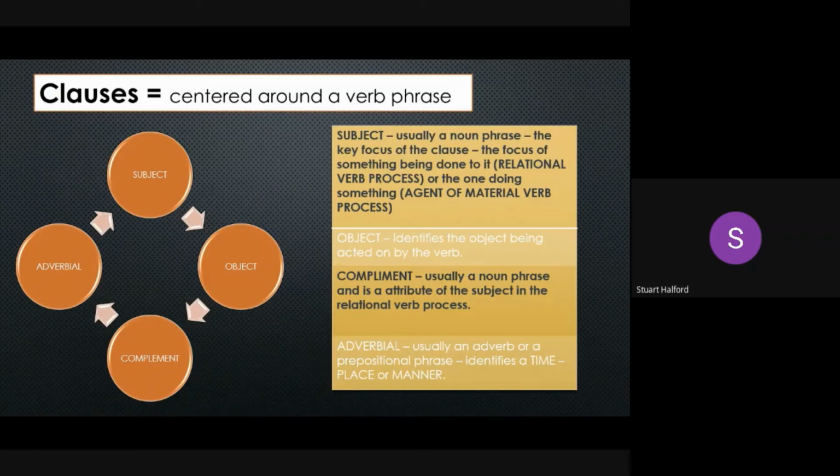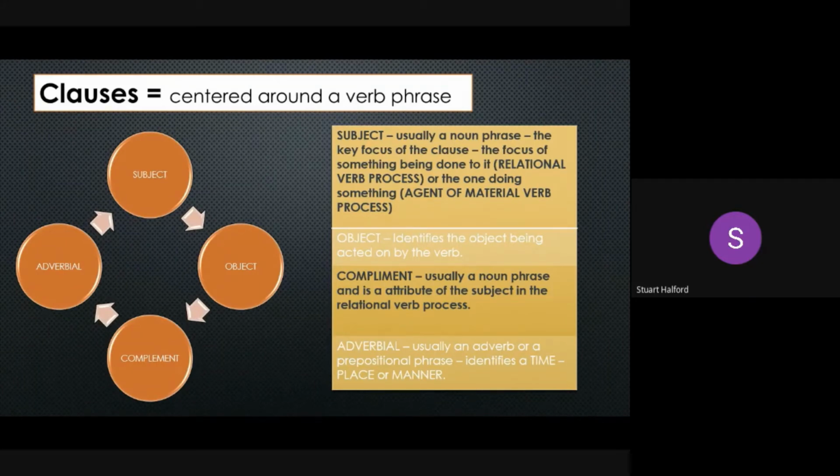It's the key focus of the clause, it's what it's about. Sometimes it has something being done to it. We call that a relational verb process, or it's the one doing something, in which case we call it the agent of a material verb process.